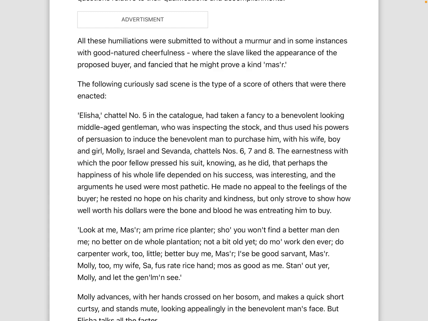The earnestness with which the poor fellow pressed his suit, knowing as he did that perhaps the happiness of his whole life depended on his success, was interesting, and the arguments he used were most pathetic. He made no appeal to the feelings of the buyer. He rested no hope on his charity and kindness, but only strove to show how well worth his dollars were the bone and blood he was entreating him to buy.